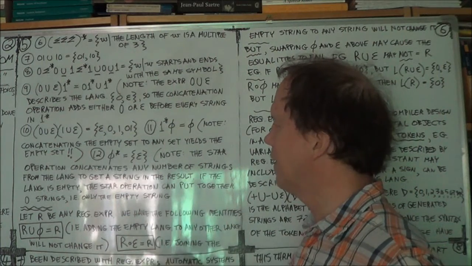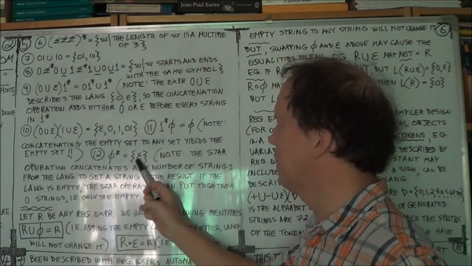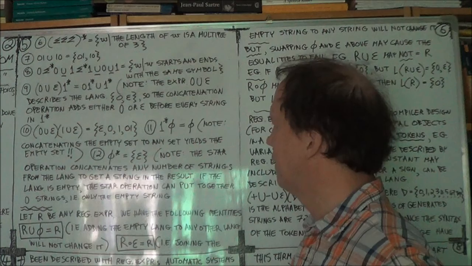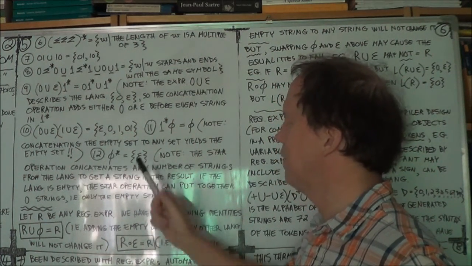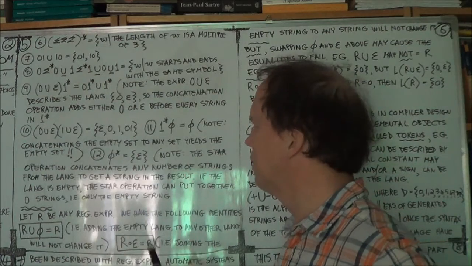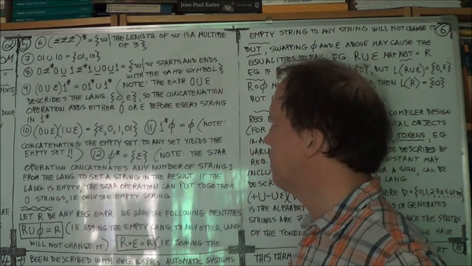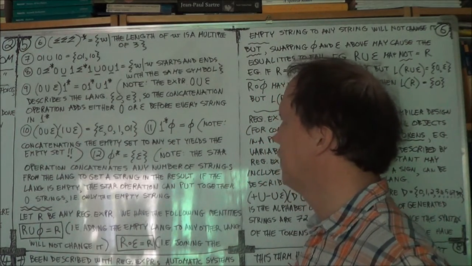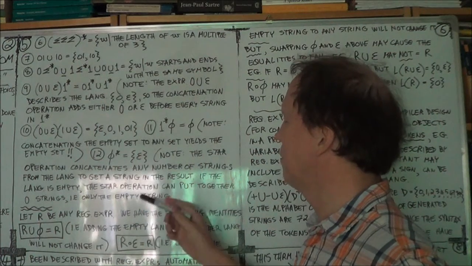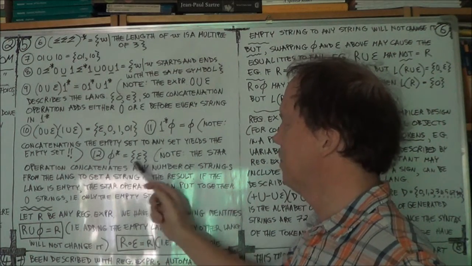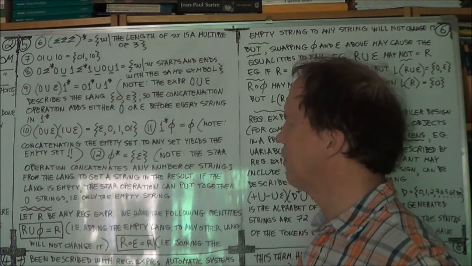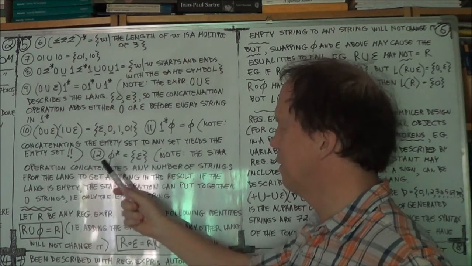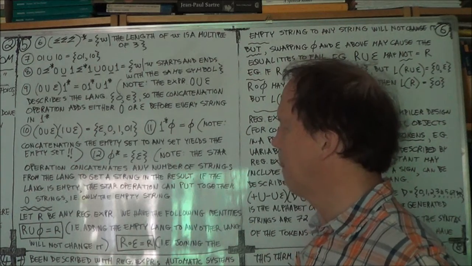Okay, example 12. So the empty set starred, in fact, gives you the set of eta, containing just one element, eta. Now, why is that? So, what does the star operation do? It generates strings of any number of concatenations of this.